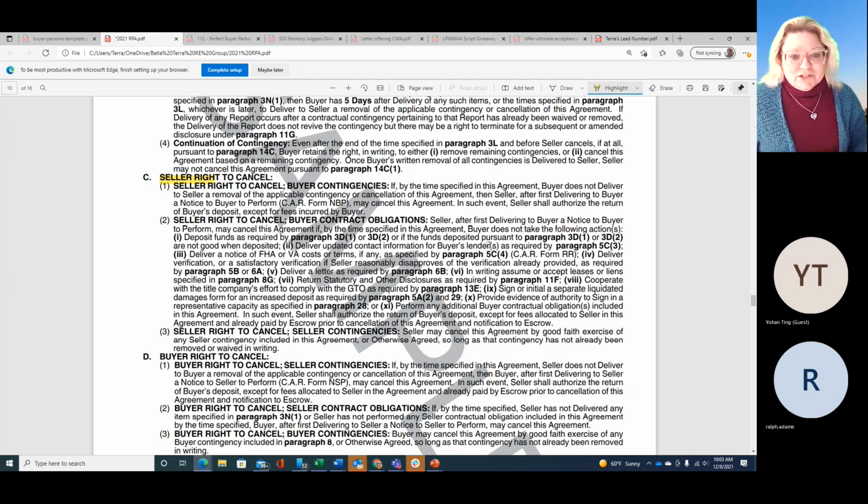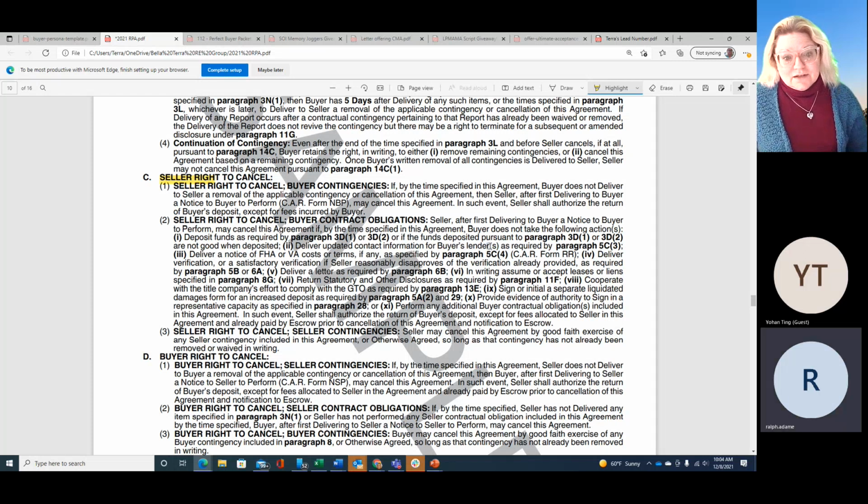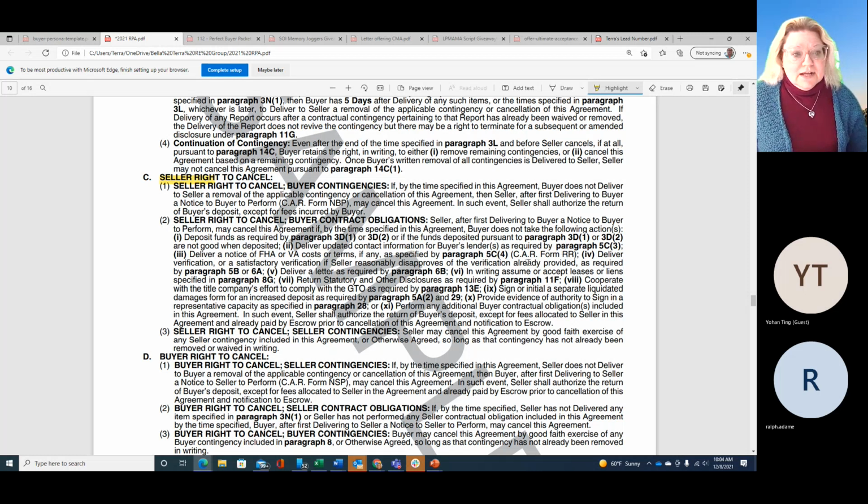So if they should happen to change lenders, or if the lender can't be reached at contact information that the seller has, that's actually an obligation now under this contract, so that the buyer has to make sure that that information is updated and sent over to the sellers. Number 3, deliver a notice of FHA or VA costs or terms, if any, as specified by paragraph 5C4 in the RR.